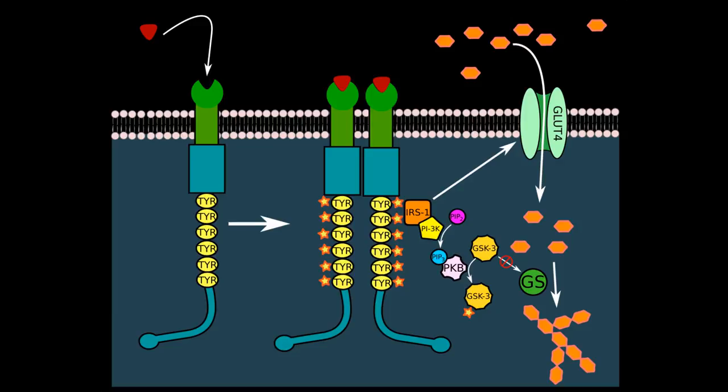Normally this inhibits this. By being phosphorylated, it's inactivating glycogen synthase kinase 3. So it can no longer deactivate glycogen synthase. Does that make sense? You're turning something off to keep it from turning off something else.